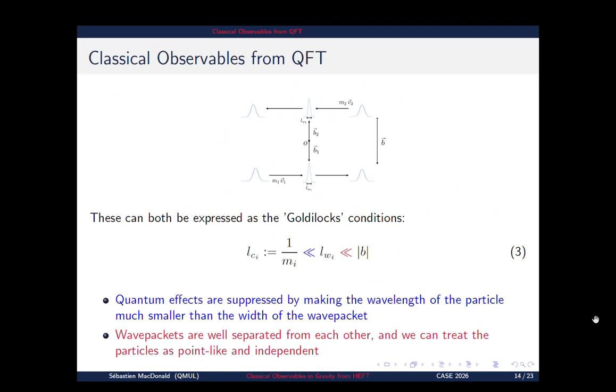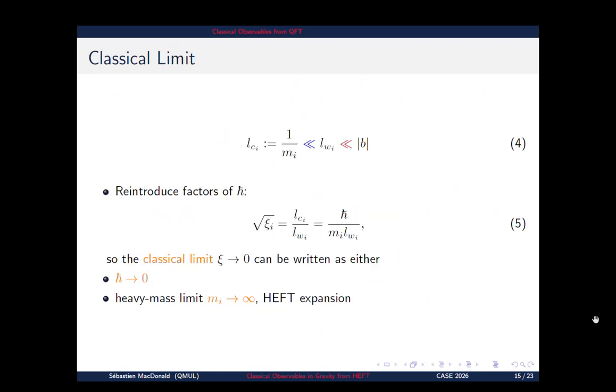Second one, what I mentioned just now: the width of the wave packets much smaller than the distance between them. It's basically treating both particles like independent ones. With, for example, the first inequality, the ratio between the Compton wavelength and the width of the wave packet can basically be expressed as this ratio being very small, and it happens to be related to psi, the spread of the wave.